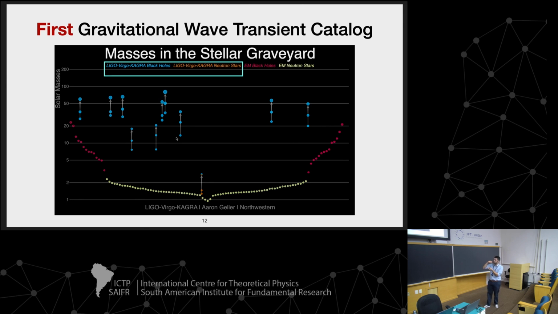Basically you have two dots, which are the masses of the black holes right before the merger, and the dot on top is the black hole mass of the remnant. The red dots are black hole masses estimated through electromagnetic emission, so without gravitational waves, and the yellow dots are neutron star masses estimated, again, with electromagnetic emission without gravitational waves.